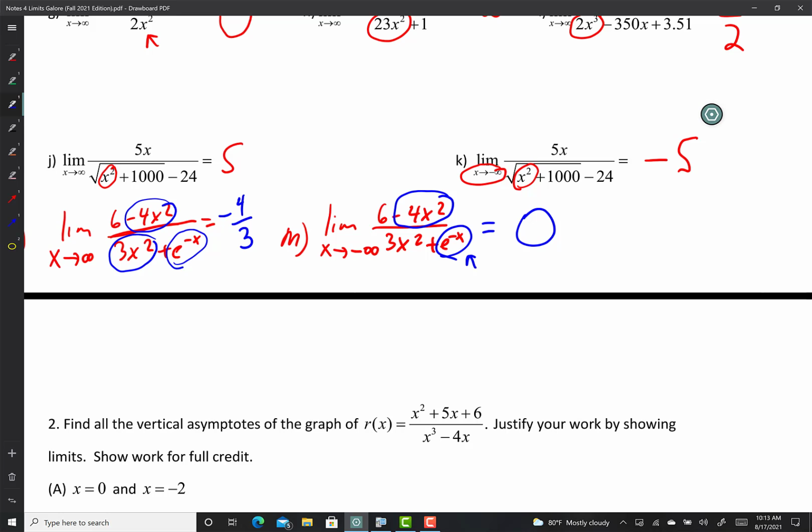Something divided by something super huge is going to be 0, because it's like saying 1 over 1, which is 1, 1 over 10, 0.1, 1 over 100, 0.01. I'm getting closer and closer to 0. The bottom is growing faster. Do we understand that, guys? Okay. If we understand that, then you are in really good shape.